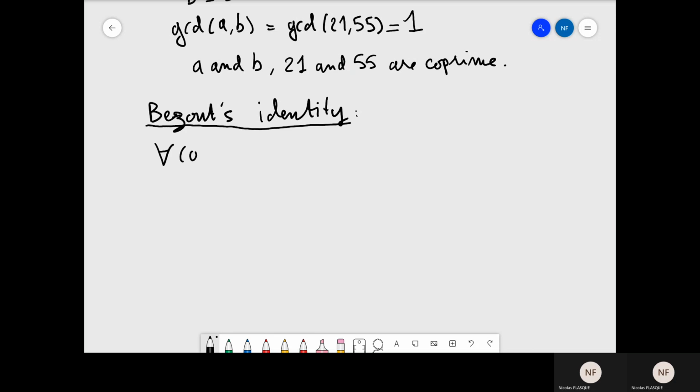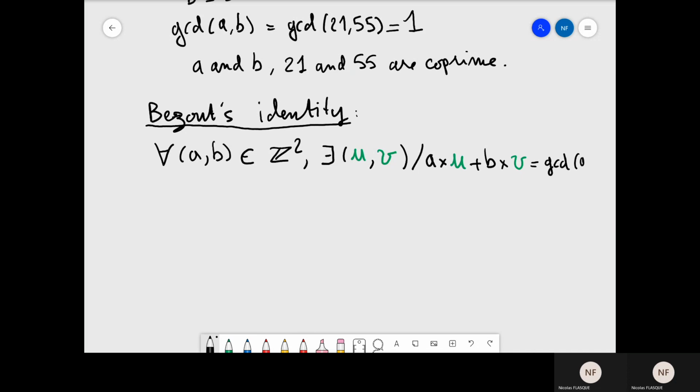For all couples a, b of integer numbers, there exists a couple of so-called coefficients u and v such that a times u plus b times v is equal to the GCD of a and b.